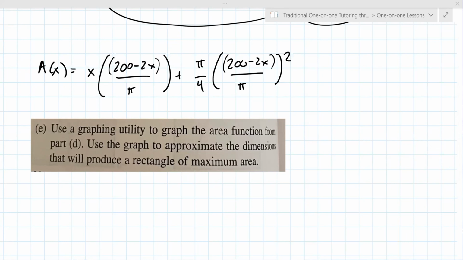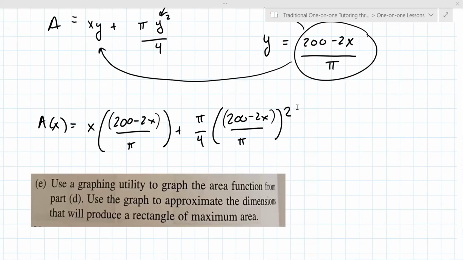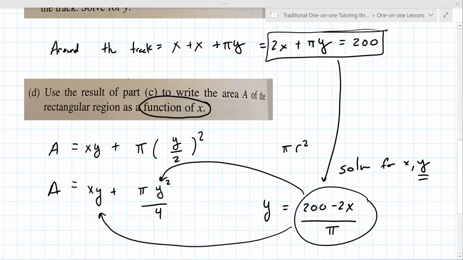All right, so I got that graph. Let's see if we can find it. That doesn't look right. My graph doesn't look quite right. Let me just check here. 200 minus 2x over pi.